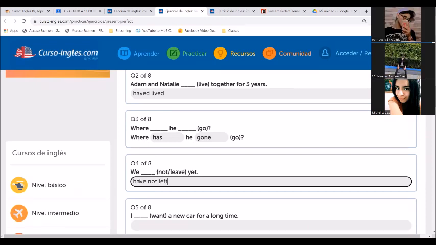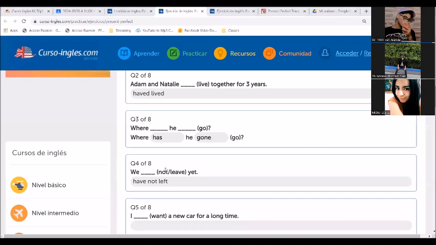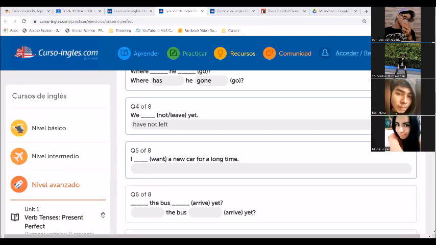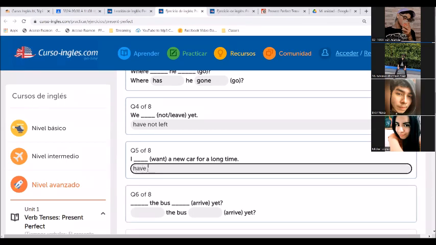All right, one more time. We have not left yet. Good. Number 5. I have wanted a new car for a long time. Yes, indeed.